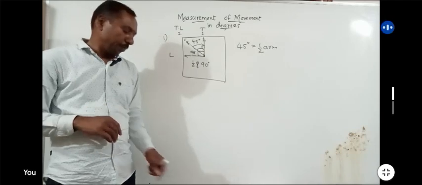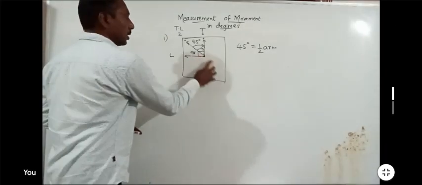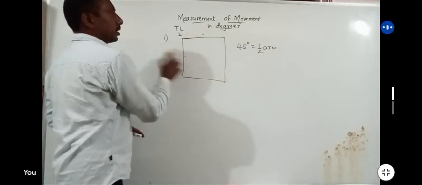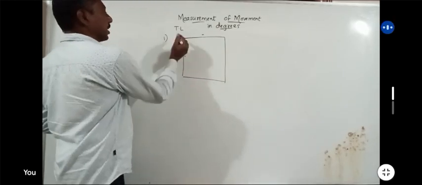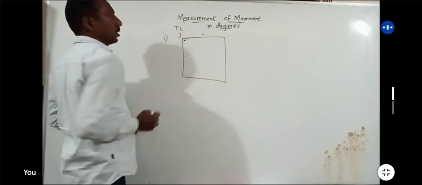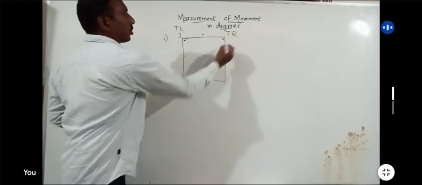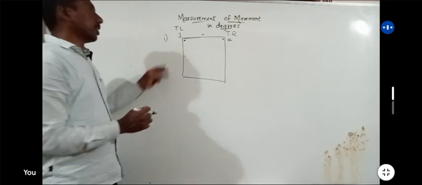Now, let me introduce one more concept to you. Let us take from one corner position to another corner position. Let me consider this one as the first position, the dot. Top left to top right, consider this as the second position. The movement has taken place from here to here.